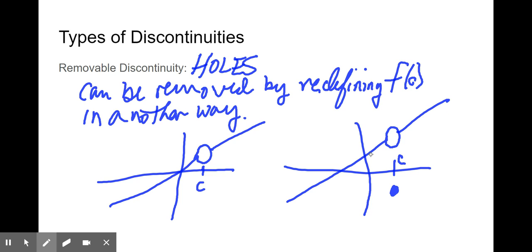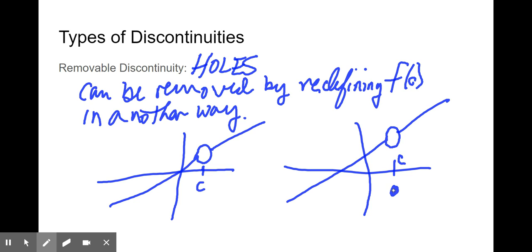Now you can see from the picture how it might be possible to remove the discontinuity. The picture on the left here, the easiest way to remove the discontinuity is to figure out what this point is and then somehow fill in the hole. We call that spackling the hole, or patching the hole. Same thing over here, except we already have this point, but it happens to be down here.